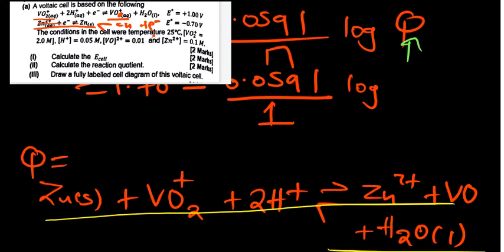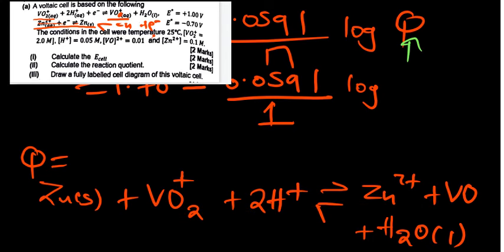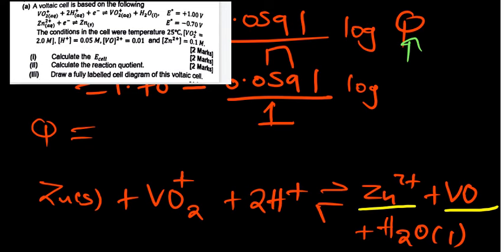It was necessary for us to come up with that equation because, as we know, each time we are trying to find the quotient Q, we need to divide the products by the reactants. So look at the given information. Which ones are products? Let's identify the products. We have zinc 2 plus, we have VO and water.